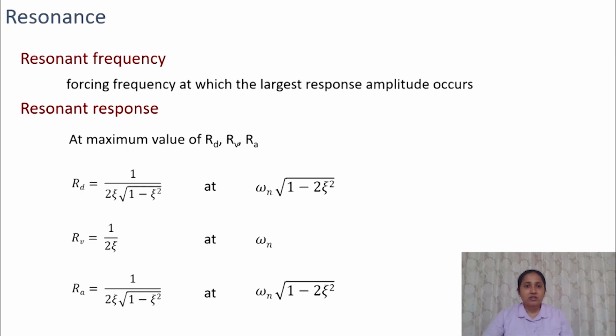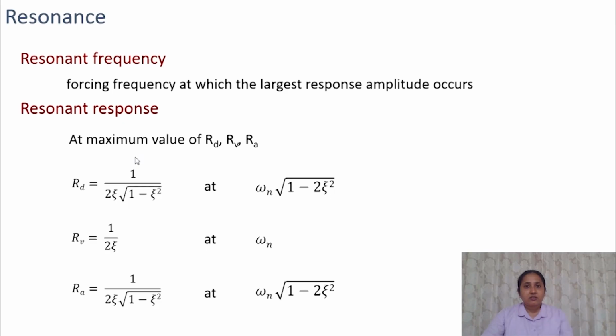That will be when the values of Rd, Rv, and Ra are maximum. So we can calculate the resonant frequency and resonance amplitude by maximizing the expressions for Rd, Rv, and Ra.